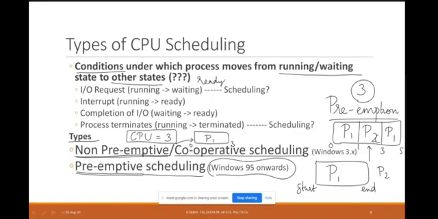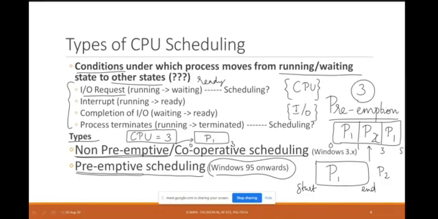So we have already seen this. Under the condition of an IO request, what happens? It will go from the running to the waiting state. Whenever there is an IO request, it will go from the running state to the waiting state until the IO is complete. Okay. So we have CPU, and then you have some more IO time.